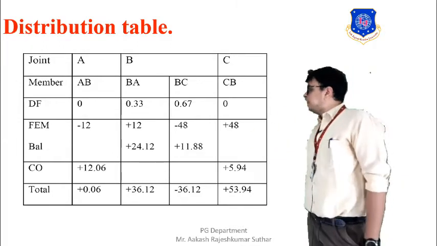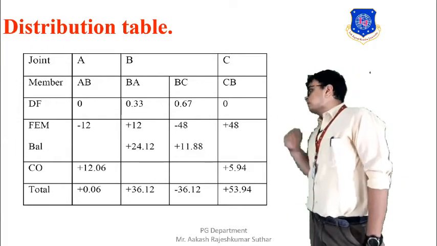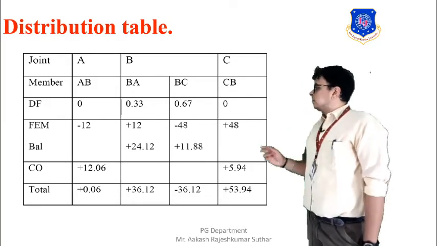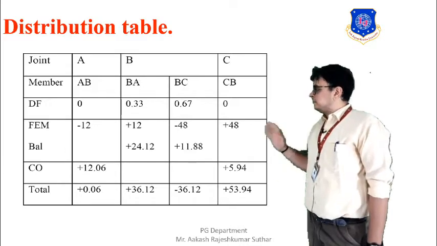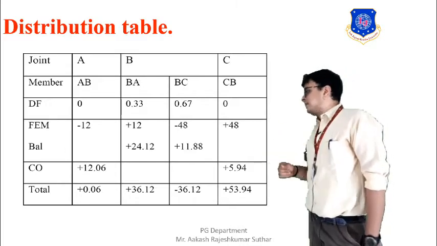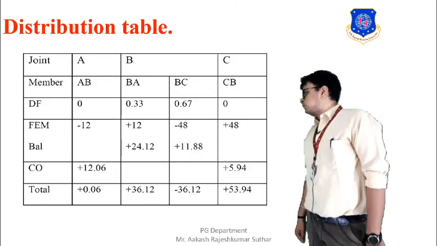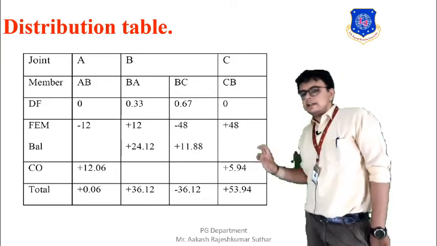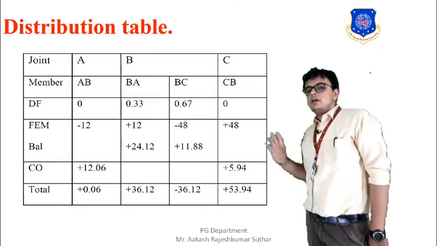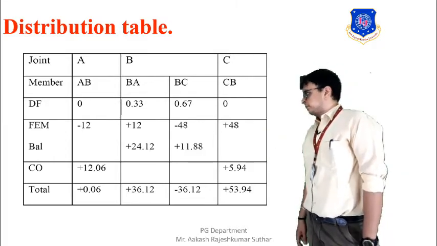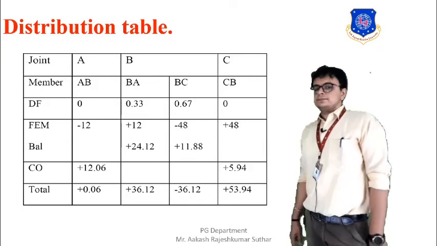So by doing so, you can see that at joint A for member AB, initially it was minus 12, and below we have got the positive 12.06. So finally we are getting the final moment of 0.06 kilonewton meter for member AB.